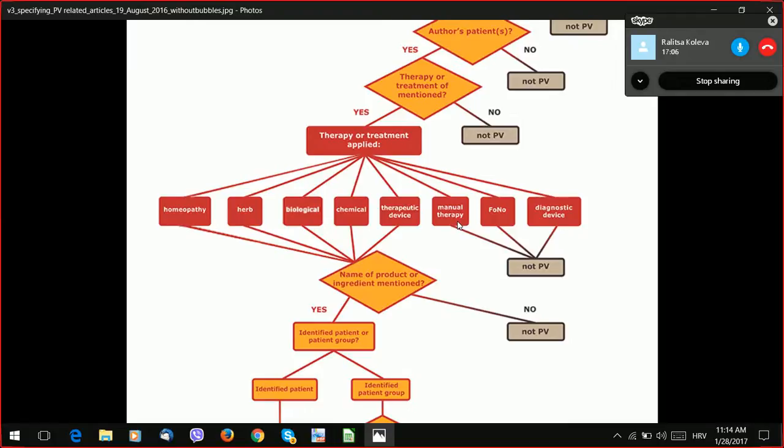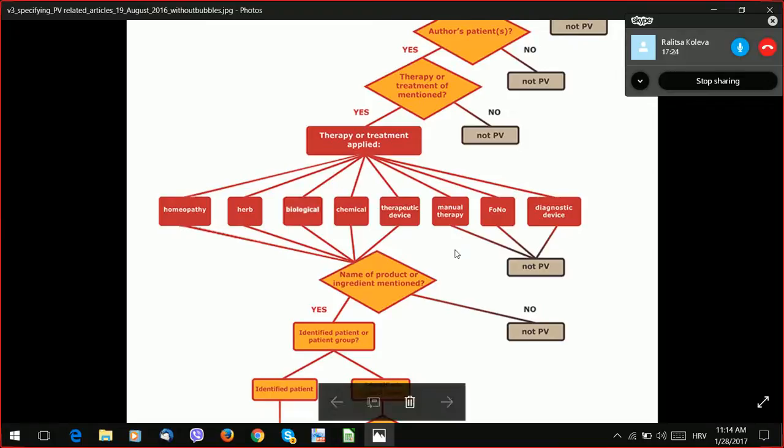And diagnostic devices, for example X-ray or CT or MRI, everything that is used for examination only. So these devices are not getting anything into our body to cure it.